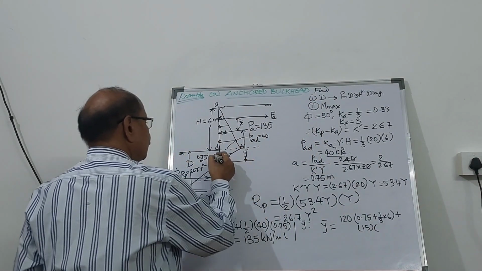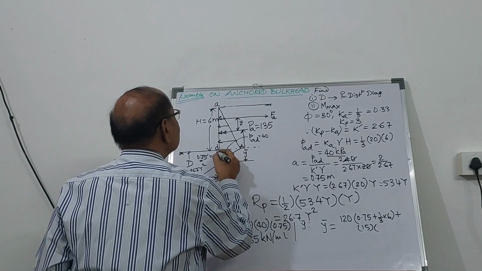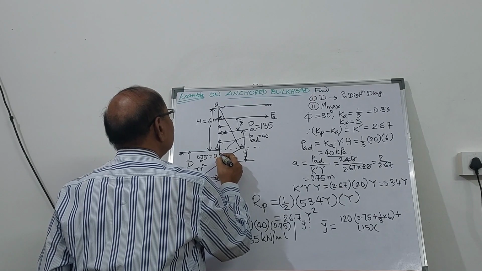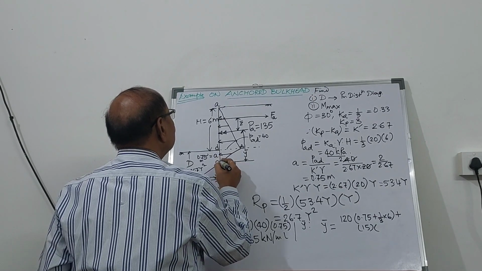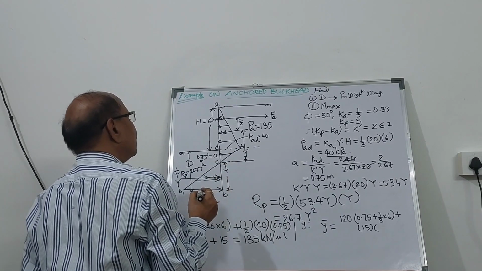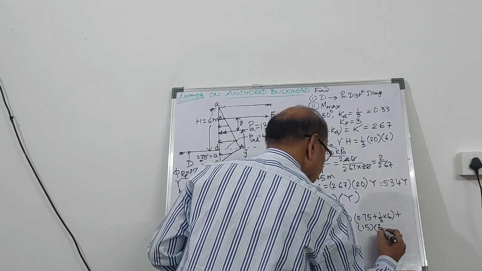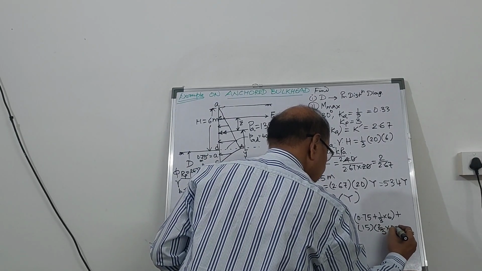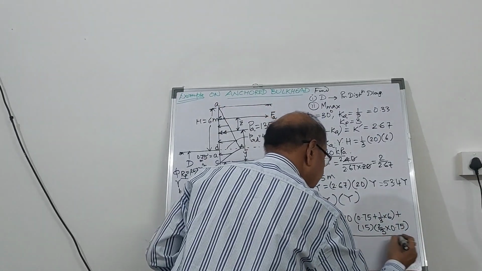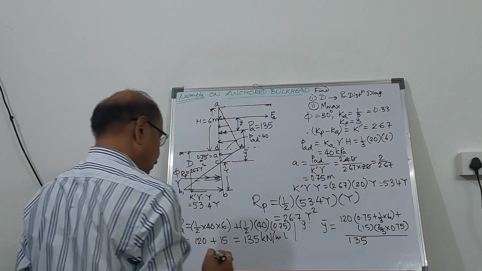Now this force is 15. Now from C, it will be acting at a distance of 2/3 of A. So 2/3 of A divided by 135, P1 plus P2.